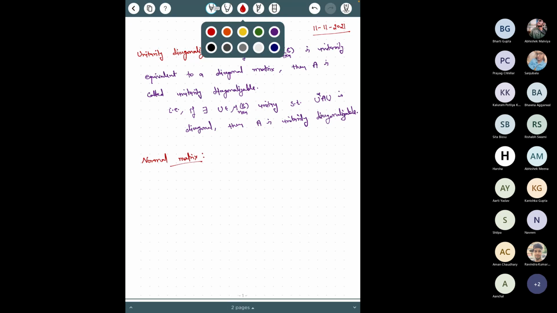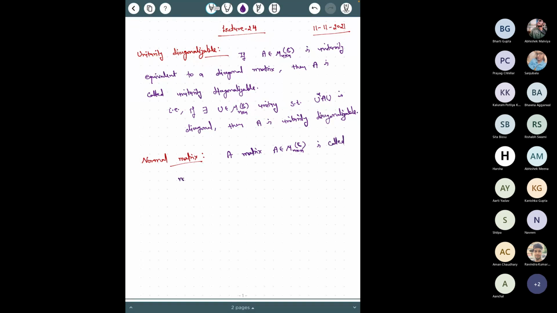A matrix A of size n cross n over C is normal if A star A is equal to A A star.